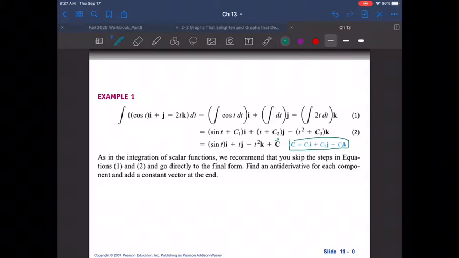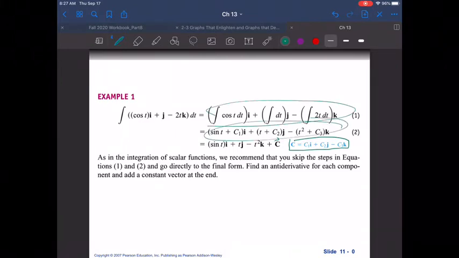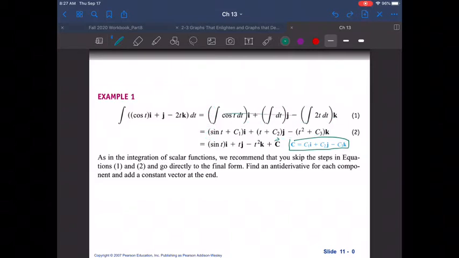You don't have to write this whole thing out every time. You'll probably just skip those two steps and take the integral of each individual component and put plus a constant vector at the end.